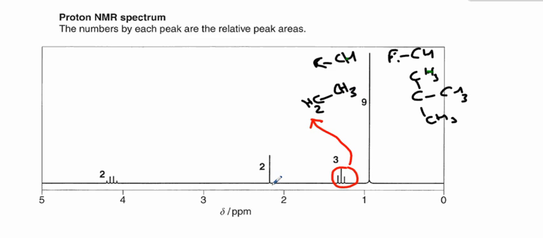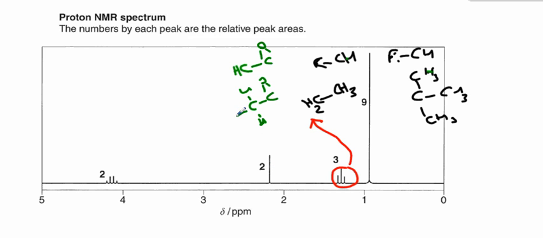Then this third peak here, about 2.2, 2.3, that is going to be the environment of an H connected to a carbon that's connected to a C double bond O. And this one, it looks like it's going to have an area of 2, so it's 2 H's connected to a C double bond O. And next door to it, because it's just a singlet, it has no adjacent carbons.